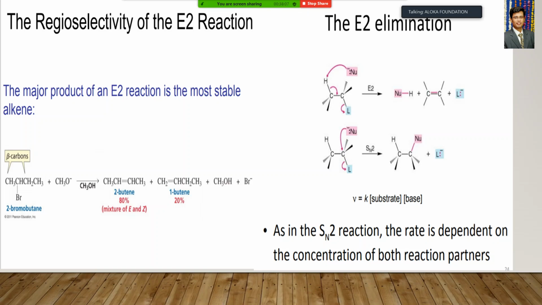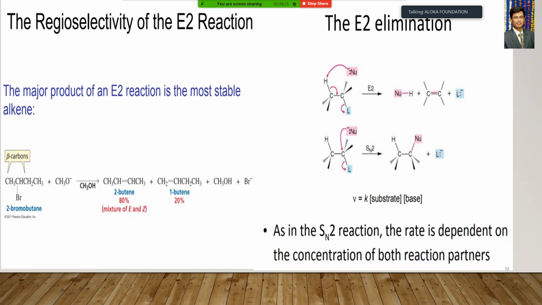The major product will be 2-butene and the minor product will be 1-butene. Why? Because 2-butene contains more substituted alkyl groups, whereas 1-butene has less substituted alkyl groups. That's why it is called regioselective, because one product is formed more than the other.